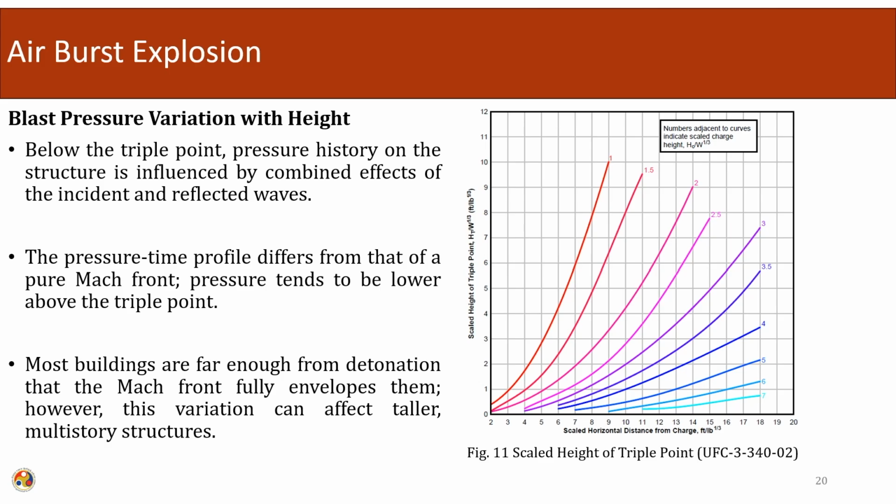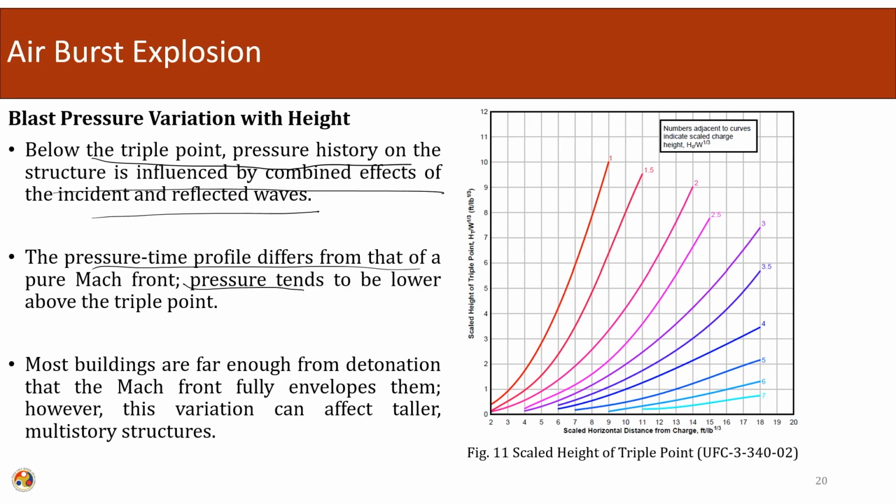Below the triple point, the pressure history on the structure is influenced by the combined effect of the incident and the reflected pressures. The pressure time profile differs from that of a pure Mach front. The pressure tends to be lower above the triple point, since above the triple point the interaction is not there.